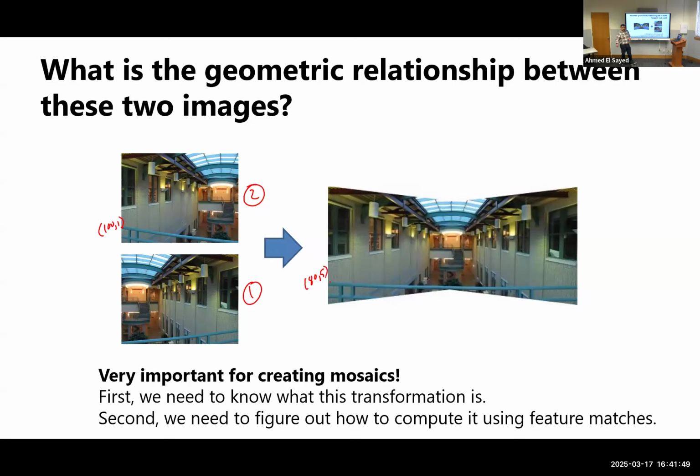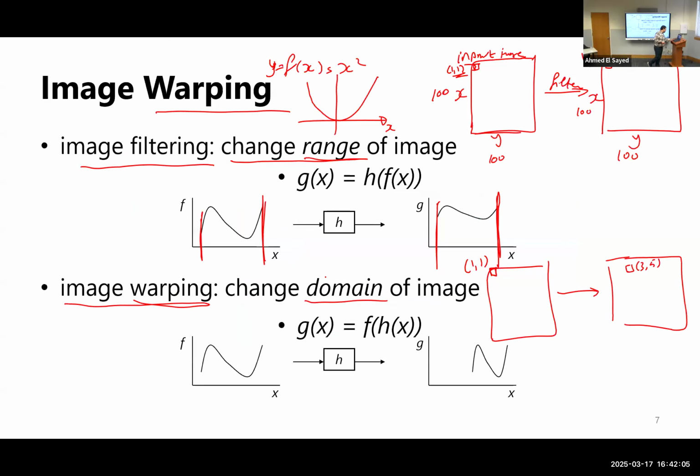The same exact pixel, I change its location to match the other one. So what we are doing here to make this match between the two images is a warping process, or we are calling it transformation. Okay, so the warping process is the process of changing the domain of the image for any purpose.